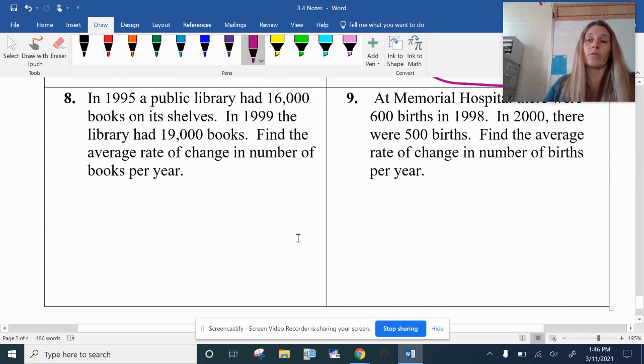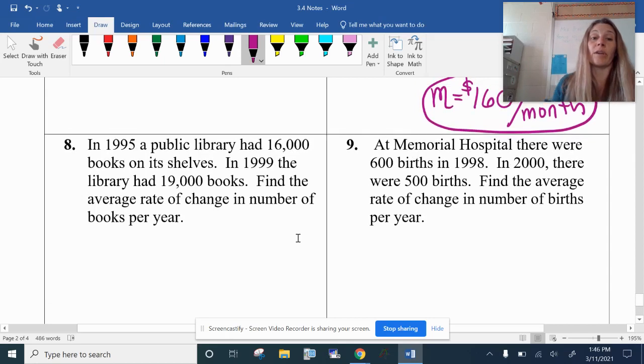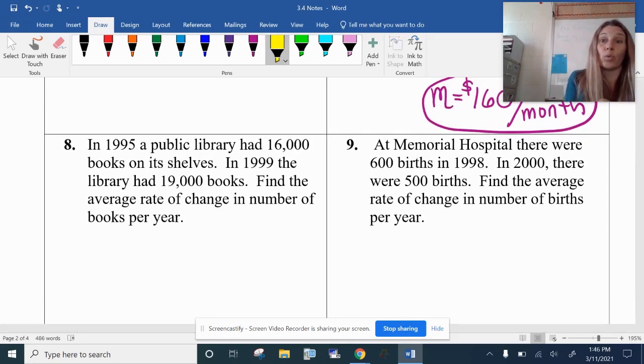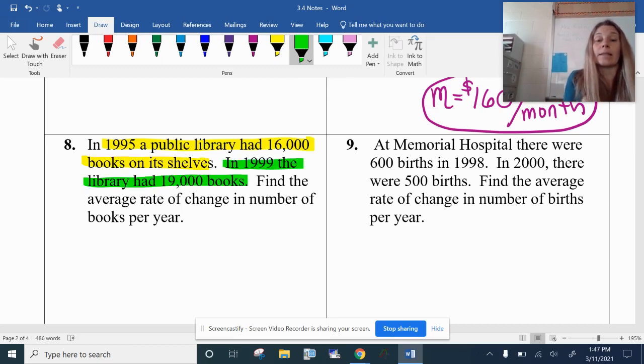All right, now the last two, they're not giving us the information in an ordered pair format, so we're going to have to figure that out. In 1995, a library had 16,000 books on its shelves. In 1999, it had 19,000 books. Find the average rate of change in number of books per year.